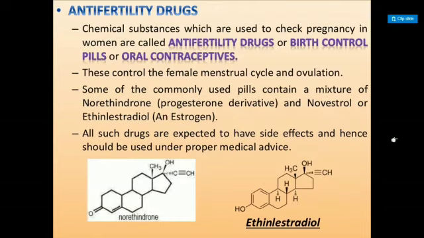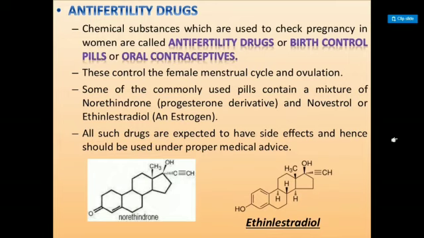Anti-fertility drugs are chemical substances which are used to check pregnancy in women, and are called anti-fertility drugs or birth control pills or oral contraceptives. These control the female menstrual cycle and ovulation. Some of the commonly used pills contain a mixture of norethindrone, a progesterone derivative, and ethinylestradiol, an estrogen.